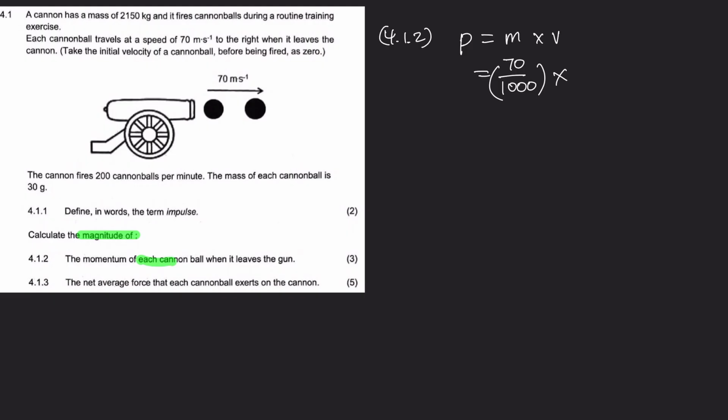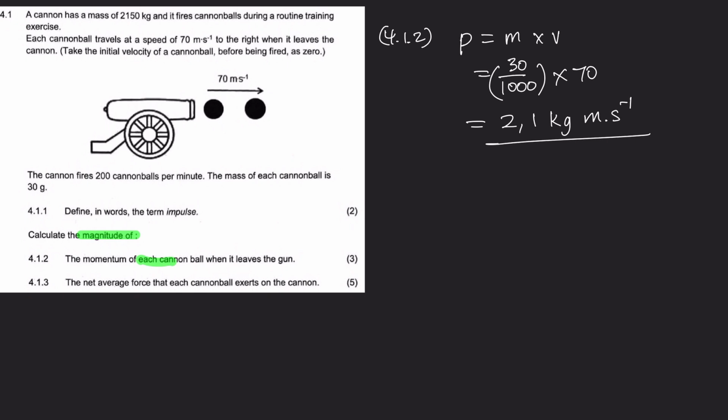Sorry, the mass is not 70, the mass is 30. So 30 grams and the velocity is 70. That leaves us with an answer of 2,1 kilograms meters per second. We don't need to put a direction, they just wanted the magnitude. Okay, I think that's fine.